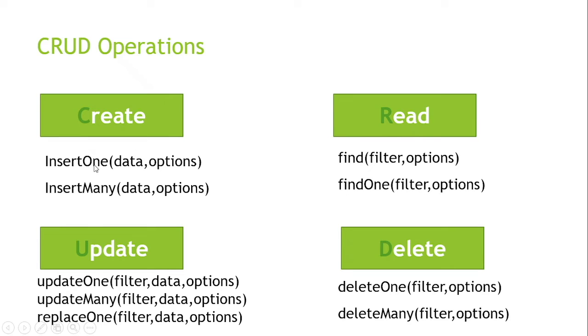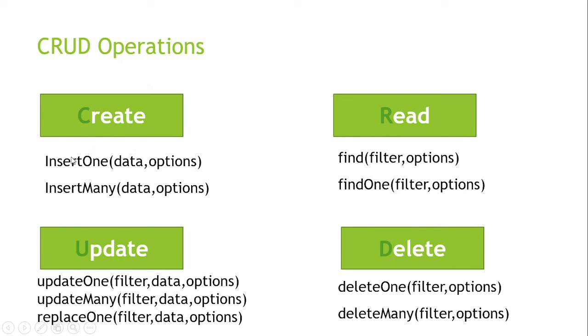So insertOne is the method that inserts one element inside the collection. You can insert one document inside your collection. And insertMany is the method that can insert more than one document if you want. In the last video we saw how to insert one document.